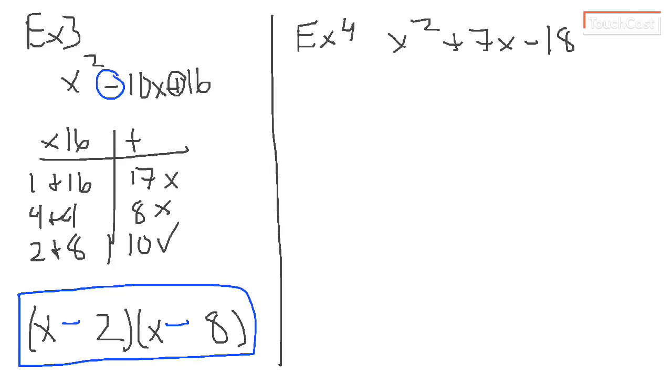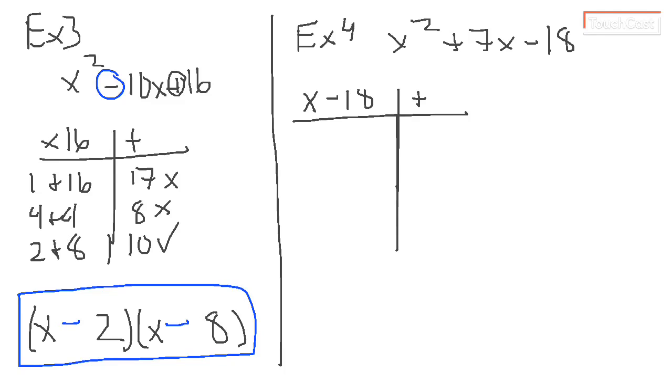What we're trying to do is find numbers that multiply to make negative 18, and they need to add to make 7. So there is one difference I made in this table. Before I was just multiplying to make a positive number, now I'm multiplying to make a negative number.